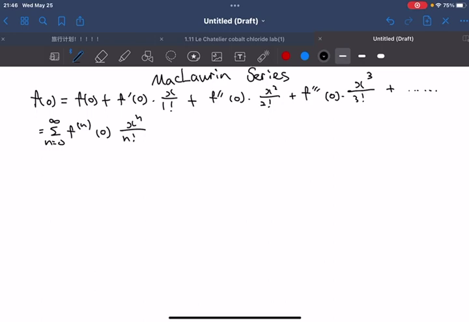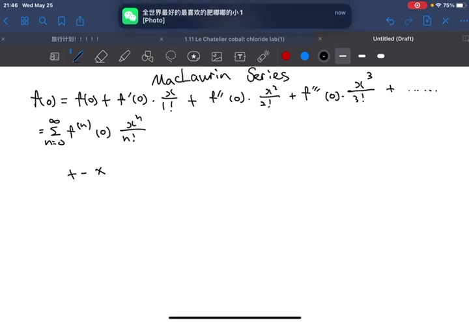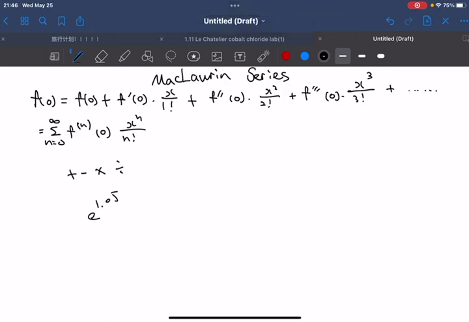For example, if you're trying to use the basic plus, minus, times, and divide to calculate e to the power of 1.05, you're not actually going to compute it without using a calculator, and the calculator itself cannot know what the real number is.